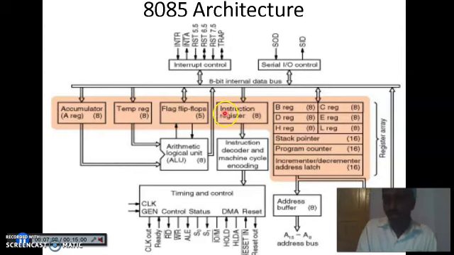There are 5 types of flags in the 8085: sign flag, zero flag, carry flag, auxiliary carry flag, and parity flag. This is an important question: how many flags are used in the 8085? There are 5 types of flags.